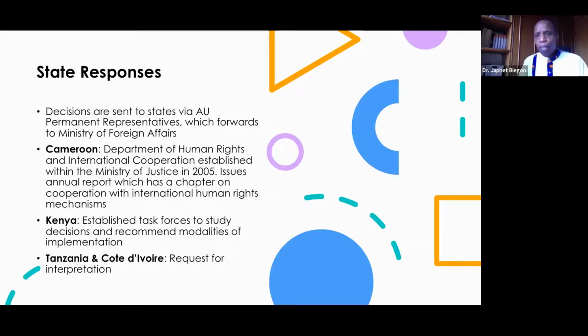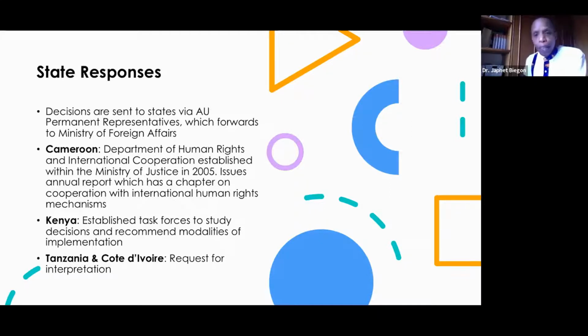So such a department, I know also recently, Malawi, for instance, has also a department that is responsible for engagement with the regional bodies. And you can see, since the activation of this department, Malawi has become an active actor, at least at the African Commission, where now they attend sessions and reports are submitted. But then it's yet to be tested in the case of a decision and its effectiveness.